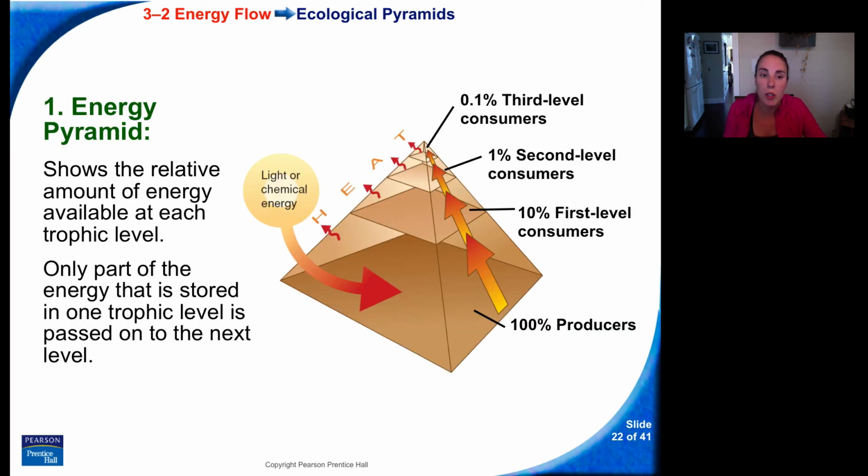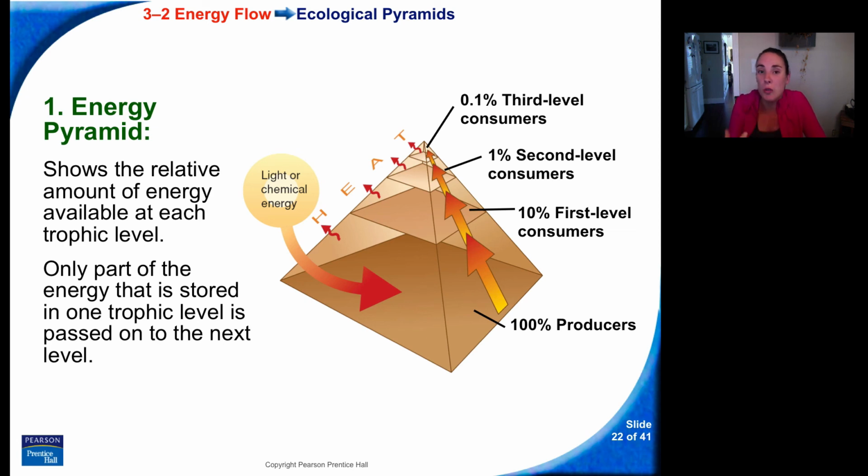An energy pyramid shows the relative amount of energy available at each trophic level. Only part of the energy stored in one trophic level is passed to the next level. So believe it or not, only 10% of the energy is actually transferred between levels. Most of the energy that you consume in your everyday life is not stored in you to be eaten by someone else.